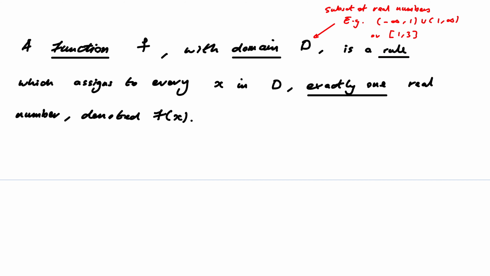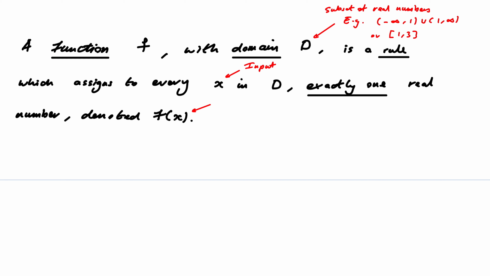So maybe just say a few more things. The way I'm going to think about this is I'm going to think about the x as the input here. It's like a machine. You're feeding something into it, you're getting something out. When I was first taught this, my teacher kept on going on about sausage machines.